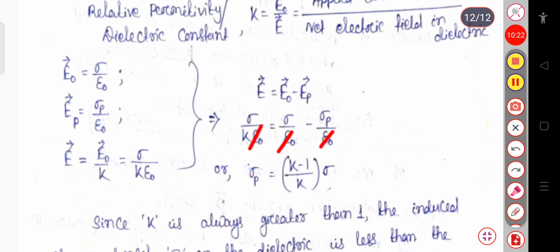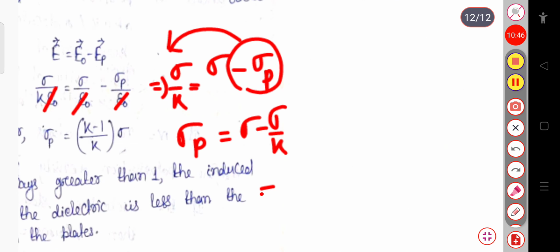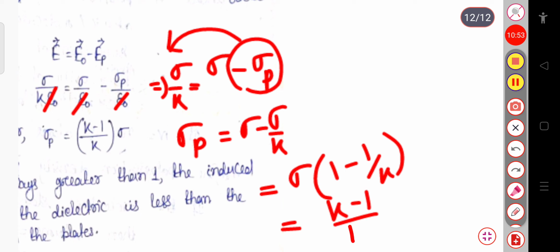So sigma by k will be equal to sigma minus sigma p, or sigma p will be equal to sigma minus sigma by k. Taking sigma common from the right hand side, this is 1 minus 1 by k, or simply written as k minus 1 divided by k, whole into sigma. So this is the relation between sigma p and sigma.